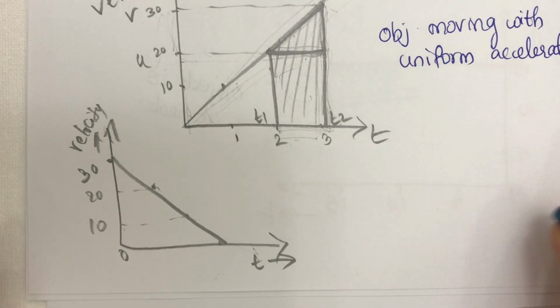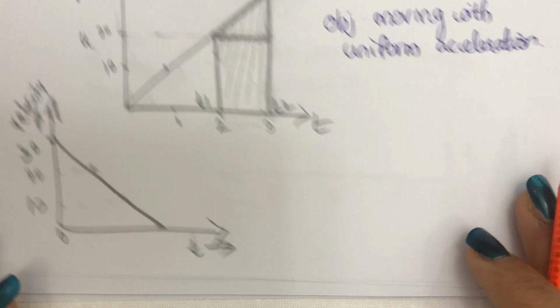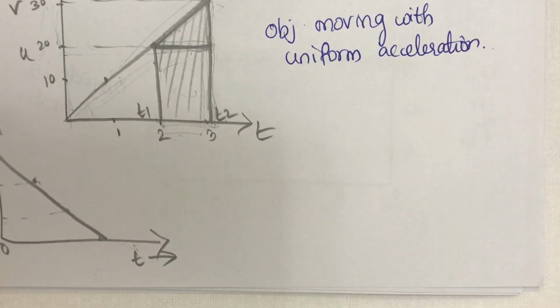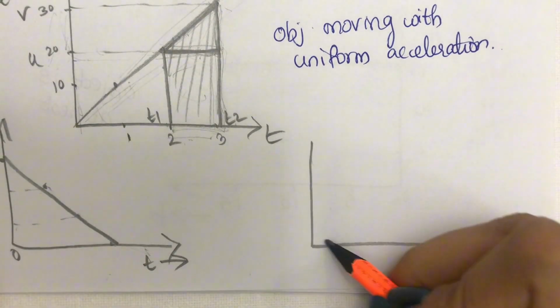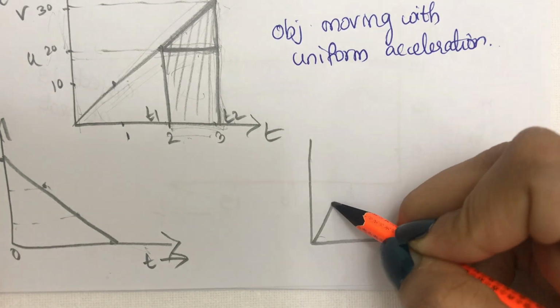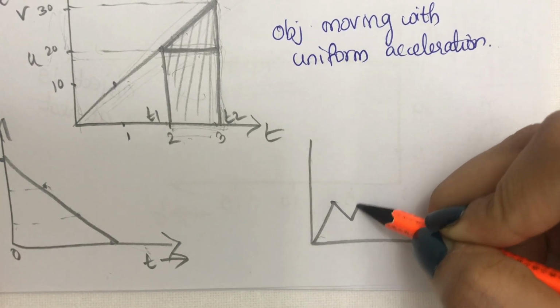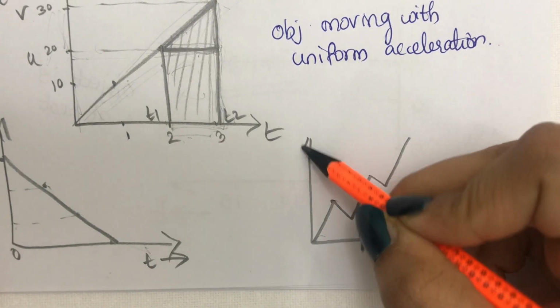Okay. So what is the velocity time graph of an object that is moving with a non-uniform velocity? So how will it be? First it will come to 10, then it will again decrease to 5, then again it will increase, then again decrease, increase, like that my graph will be.